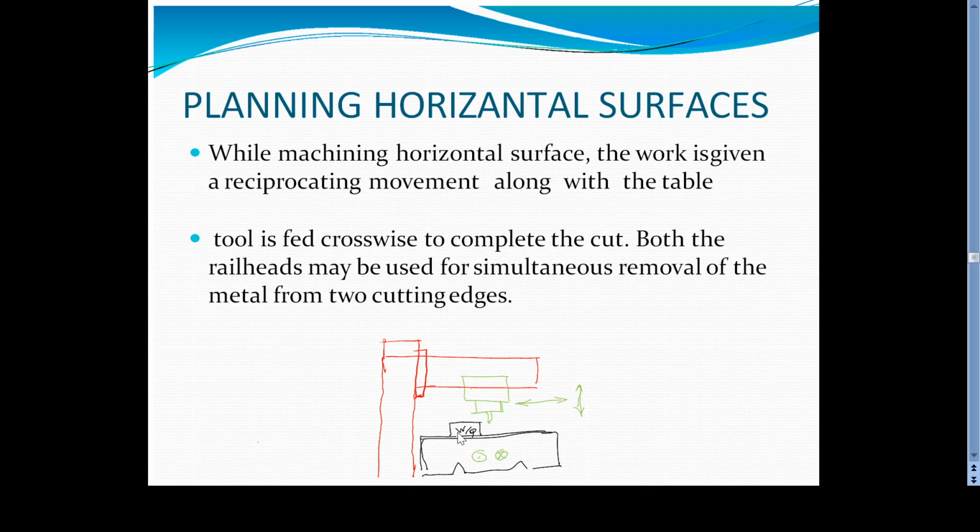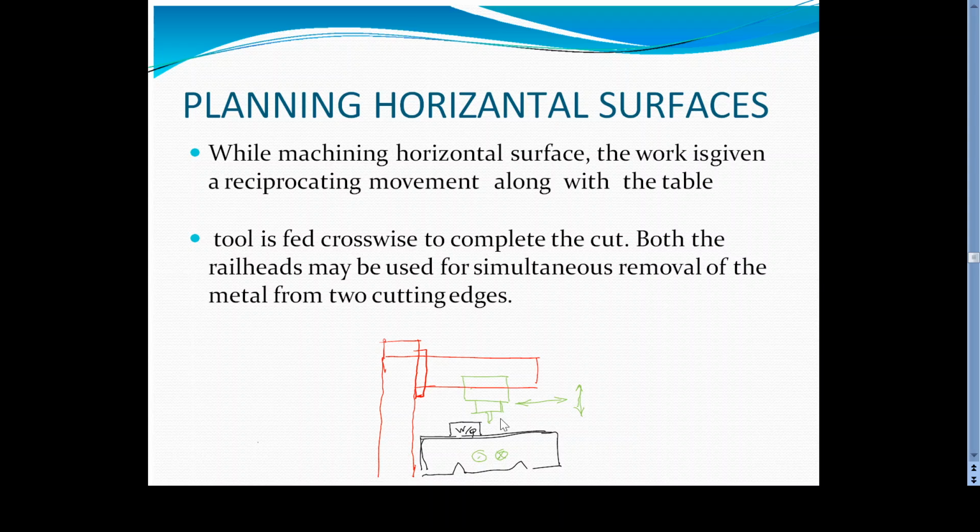Here the workpiece is reciprocating on the table, so the table is moving only in the x direction, and the cross feed can be given by moving the tool head over the cross rail, so that you can machine the entire surface of the workpiece.